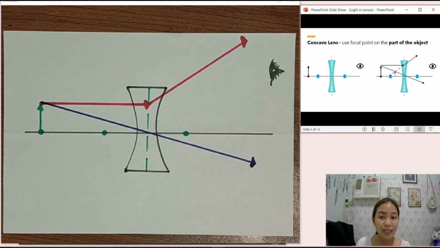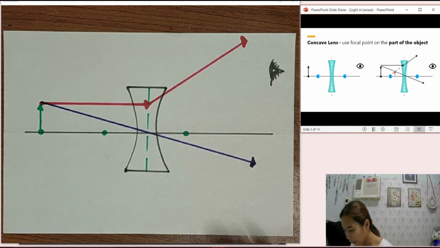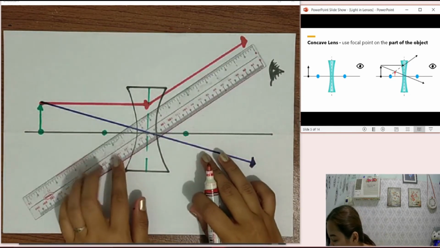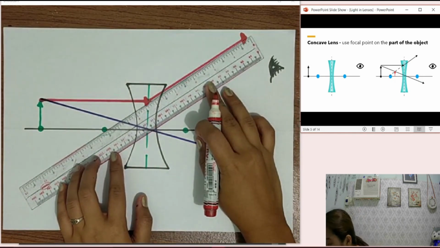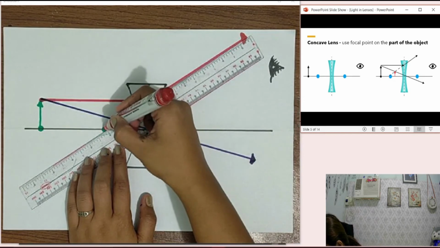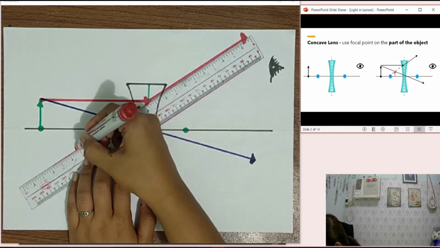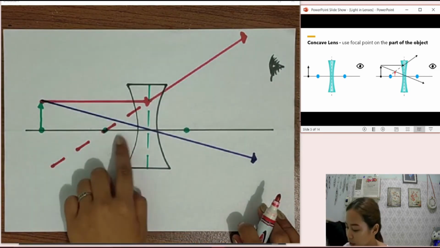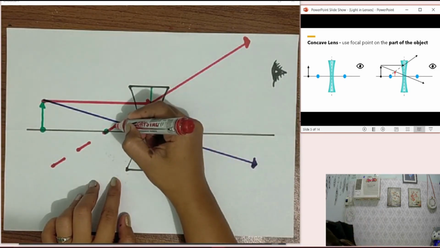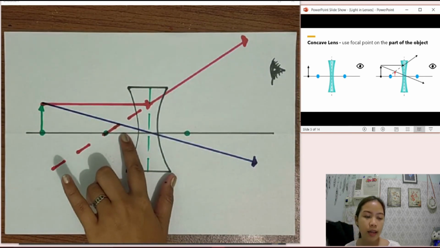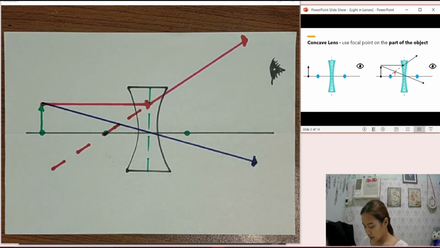We're going to extend backward our refracted rays. So let me extend the refracted ray, and note that this refracted ray is aligned to the optical axis. So let me just extend. And there you can see this is where the light rays meet each other.